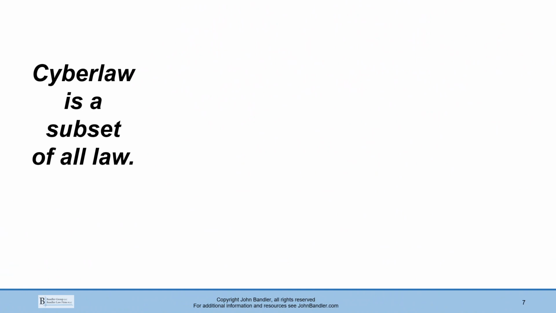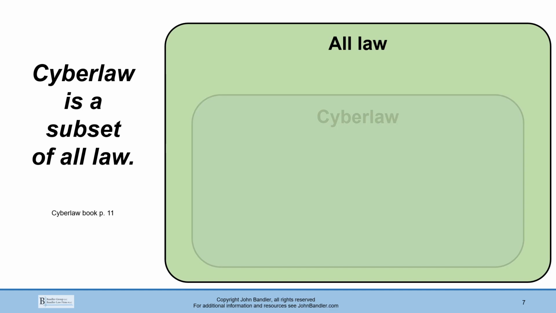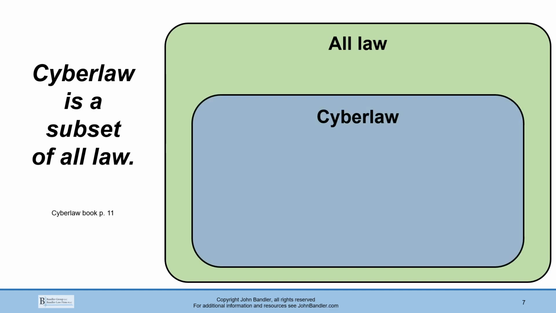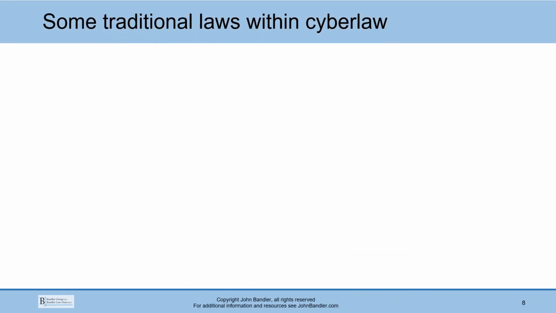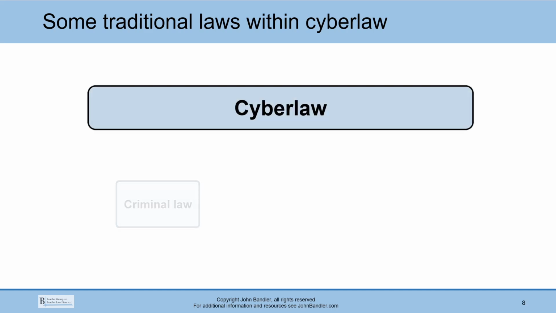Another way to think of it, as we've been talking about it, is cyber law is a subset of all law. And we can think of it like this, like we've looked at just a little while ago. Now, some traditional laws within cyber law, it's helpful to know. These, I think, are the three most important. Criminal law is a traditional law, and now it's within cyber law.